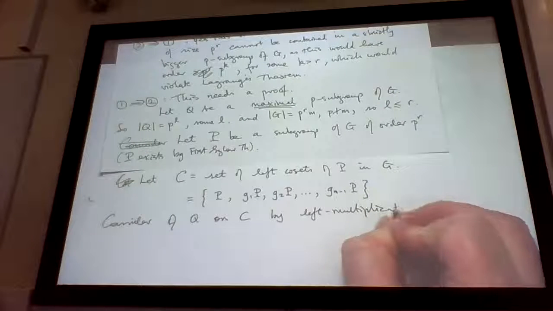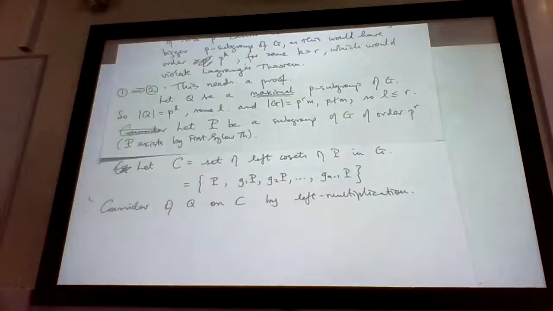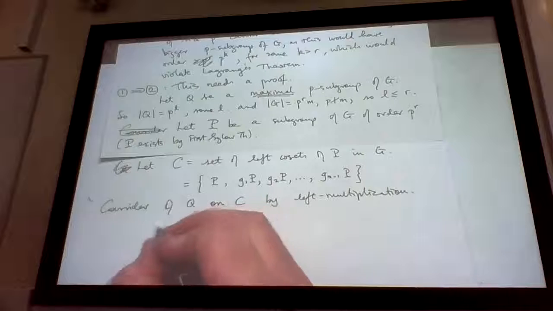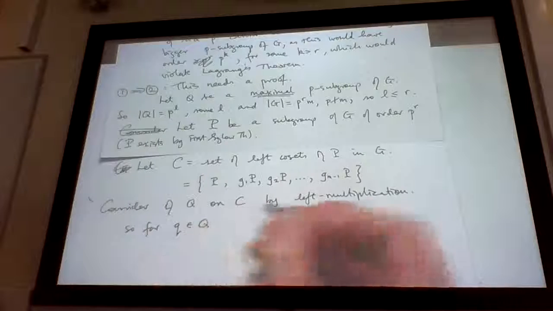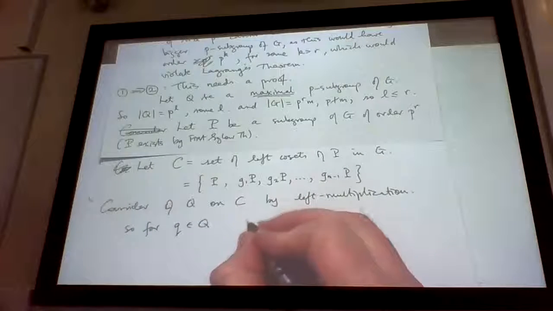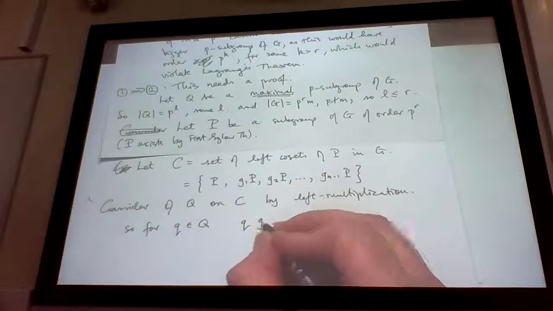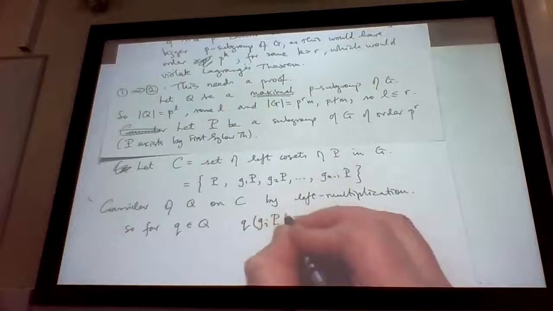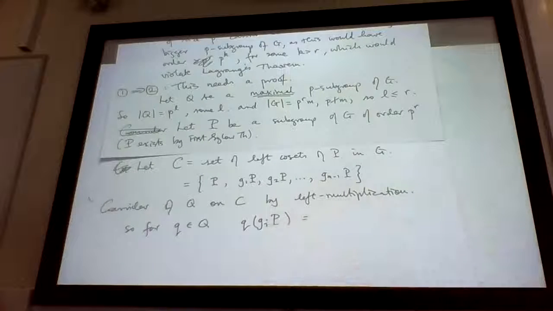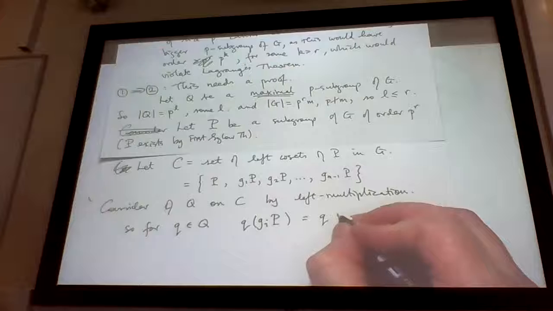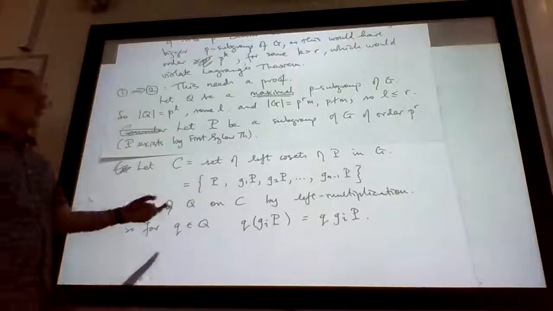So for an element little q within the subgroup Q, the action of Q on a coset giP is just the set-theoretic product, q times this, the set of all elements from the coset, all of them multiplied on the left by q.